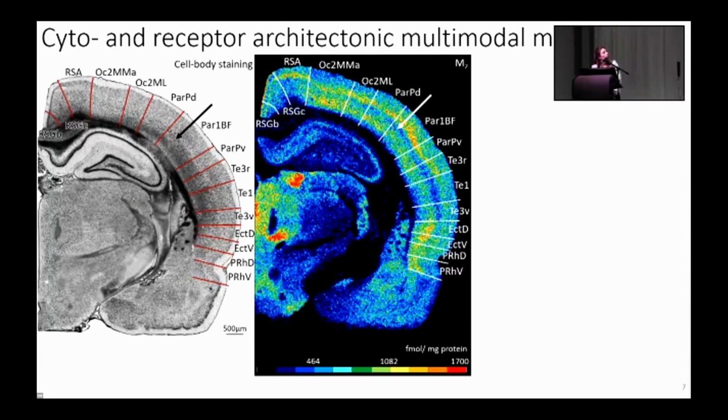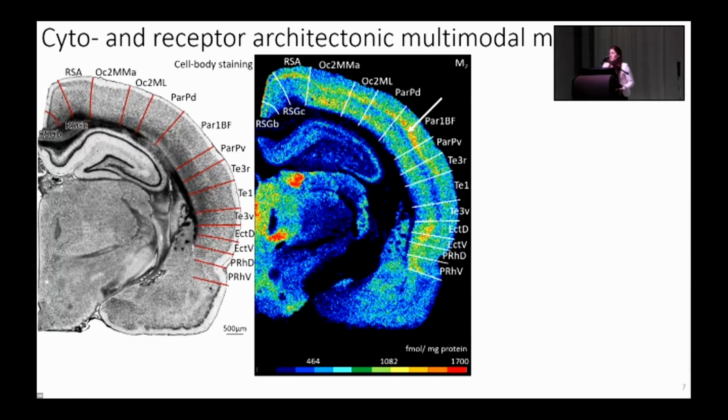And additionally, we identify higher M2 receptor densities in layer 4. And as another identification, the areas of the temporal cortex show the lowest M2 receptor densities.